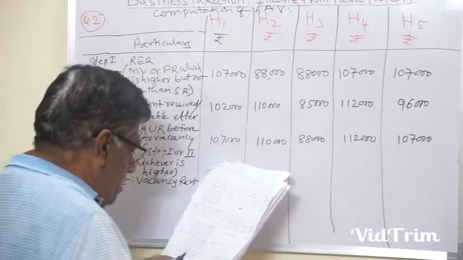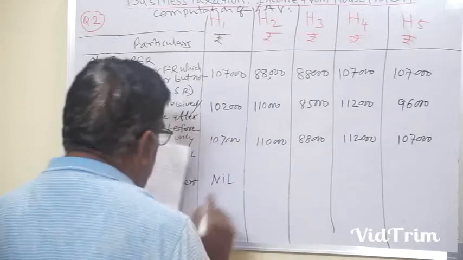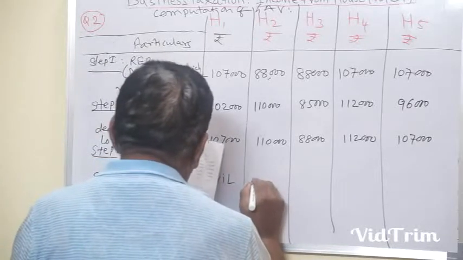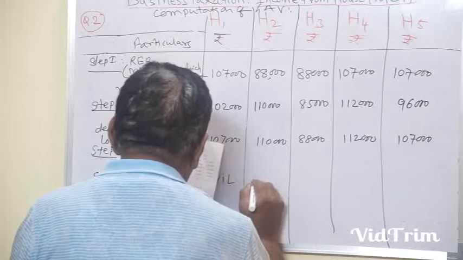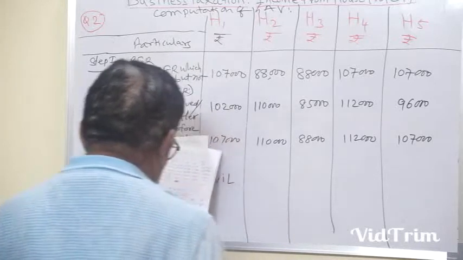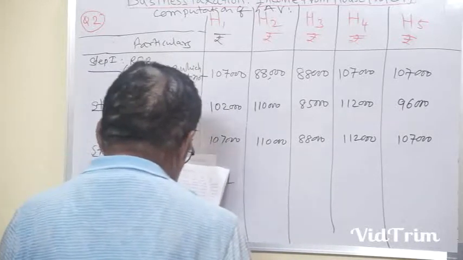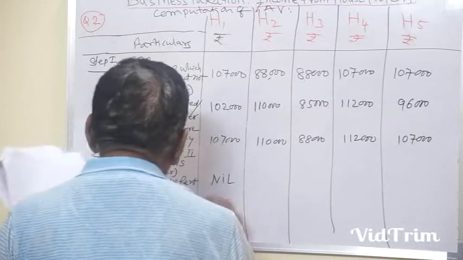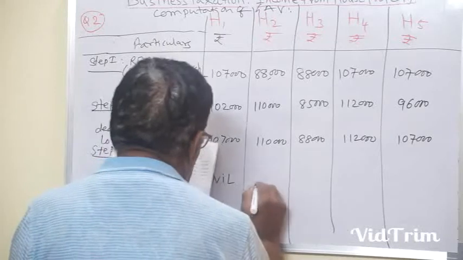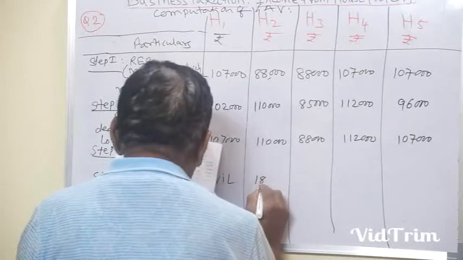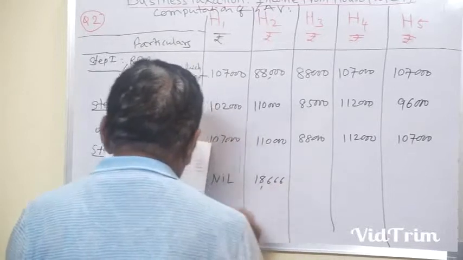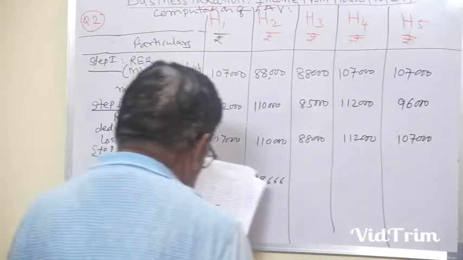The figures here: we are calculating loss due to vacancy. 18,666.